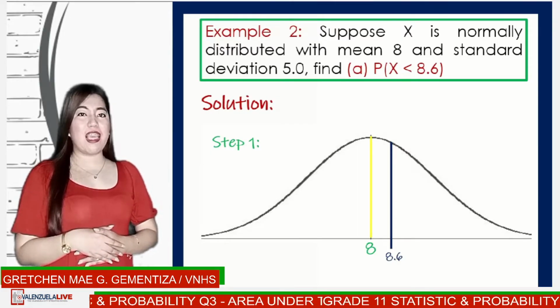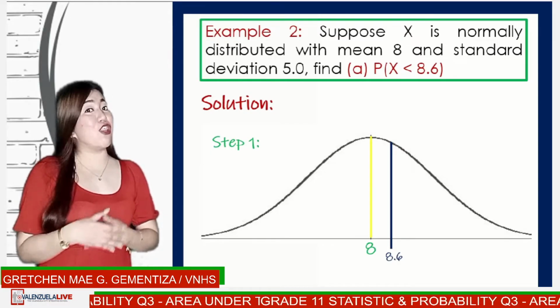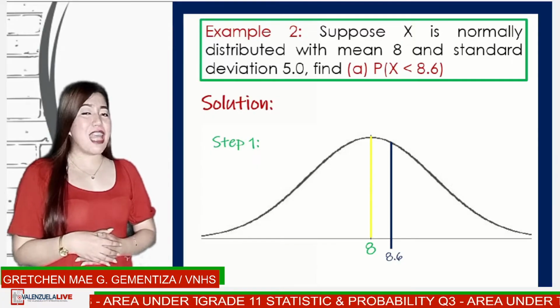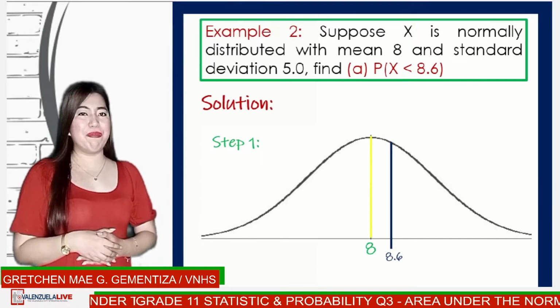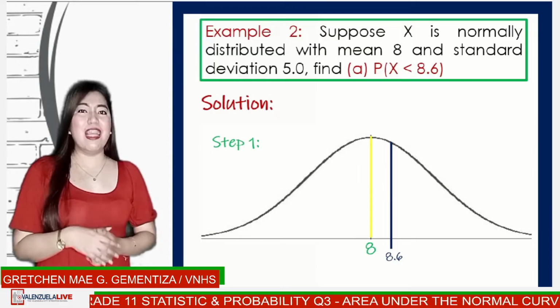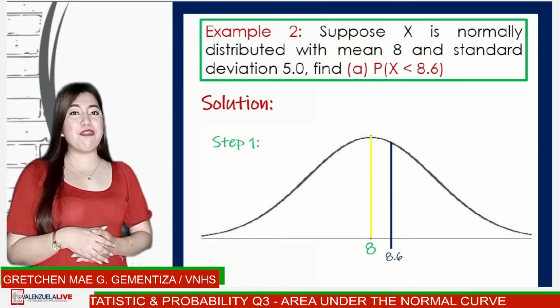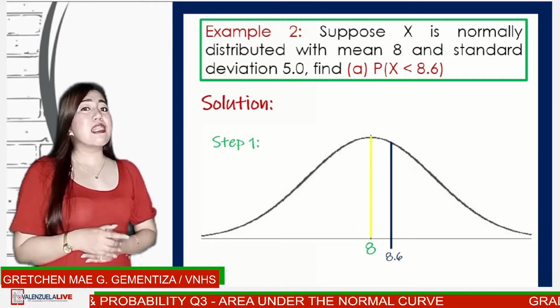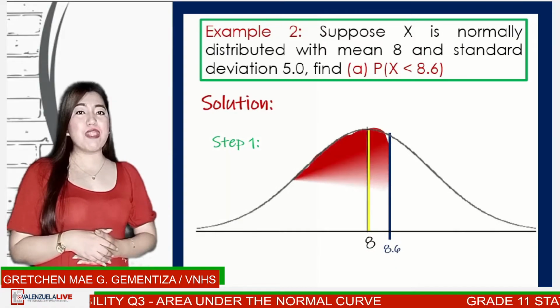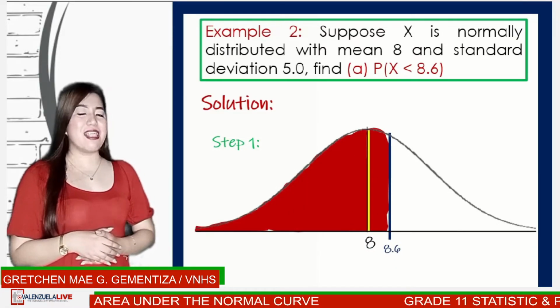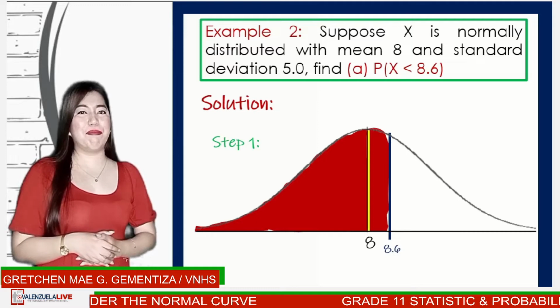Which do you think is the shaded part? Is it on the left or on the right side of 8.6? Very good. The shaded part is on the left side of 8.6, since all the values on the left side of the x-axis are less than 8.6.